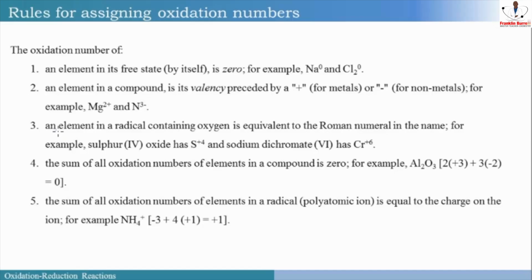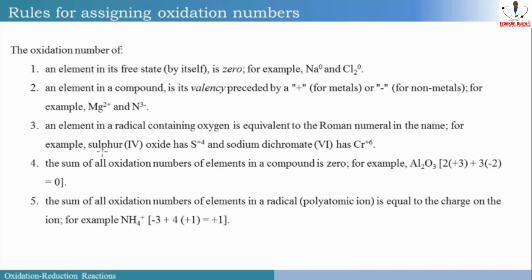Rule 3. An element in a radical, and again your radical is dealing with your polyatomic ion. So we say an element in a radical containing oxygen is equivalent to the Roman numeral in the name.